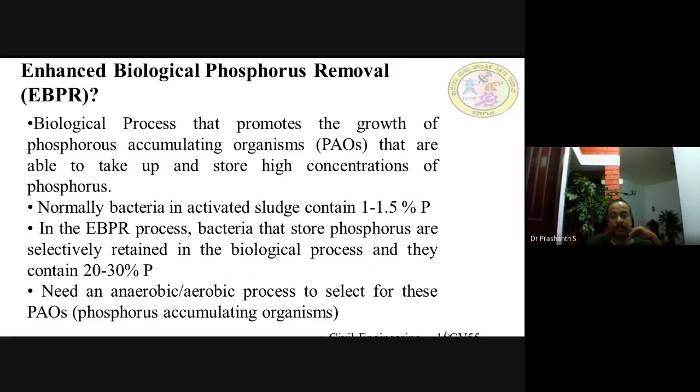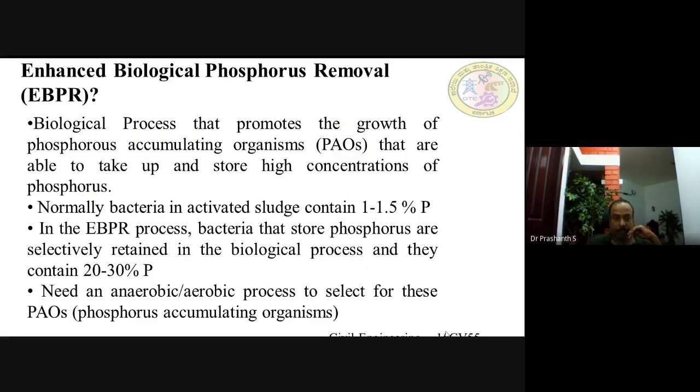Normally, bacteria in activated sludge can contain 1 to 1.5% of phosphorus. In the EBPR process, bacteria that store phosphorus are selectively retained in the biological process, and they contain about 20 to 30% phosphorus. So, they are going to use phosphorus accumulating bacteria which accumulate more phosphorus.